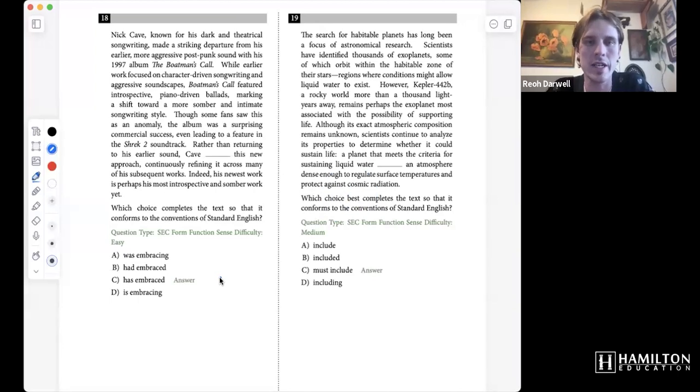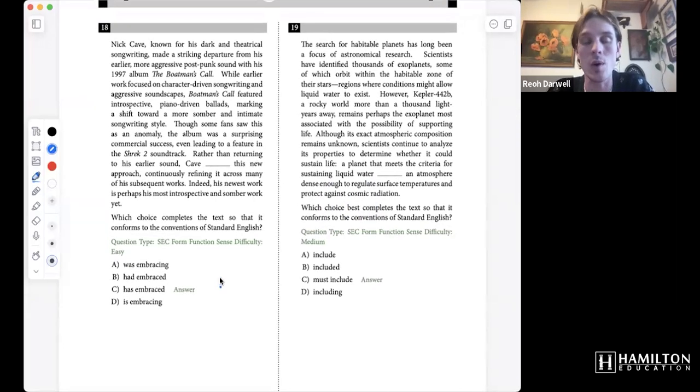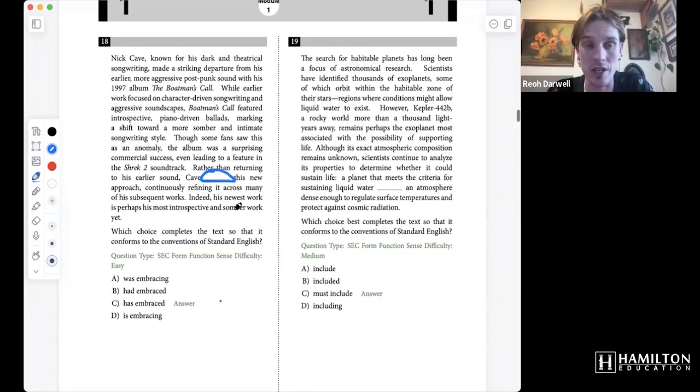Okay, so question 18 here on module 1 is our first writing question of the test. We have a verb tense subject agreement question. We have to figure out the tense of what verb goes in here. If you're having trouble with these tense questions, I suggest you reference our tense sheet. It's been provided for you in any of our classes at some point.